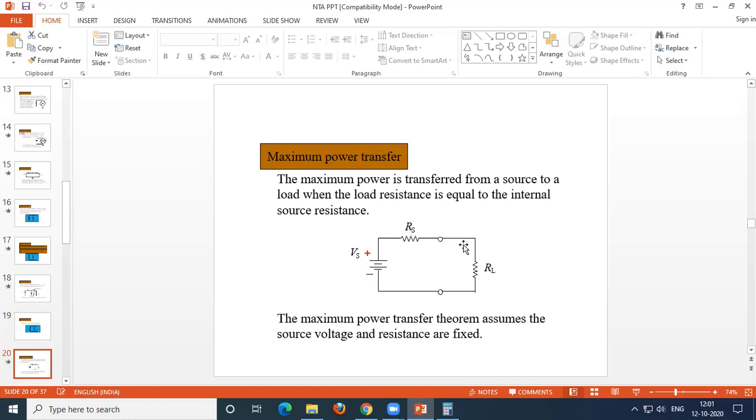In public address systems, we require maximum power transfer, because to send our voice through the loudspeaker, the voice must reach all the people. For that purpose, the power must be transferred in a maximum way.